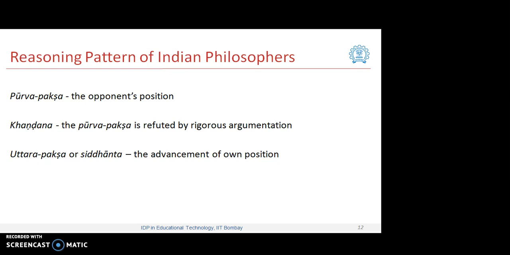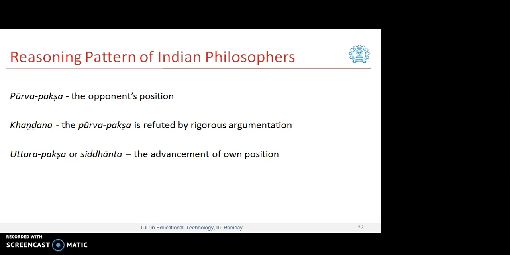They present the opponent's argument and then they try to examine it and refute it. This second stage of examination and refutation is called Khandana. The Purvapaksha is refuted by rigorous argumentation by Indian philosophers.